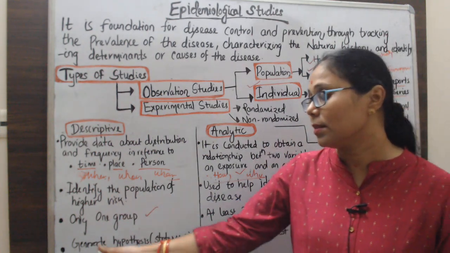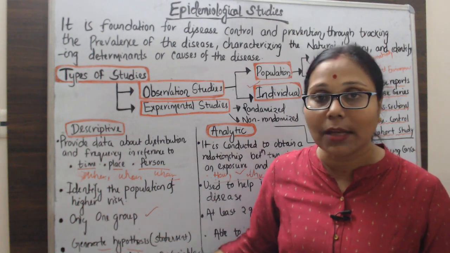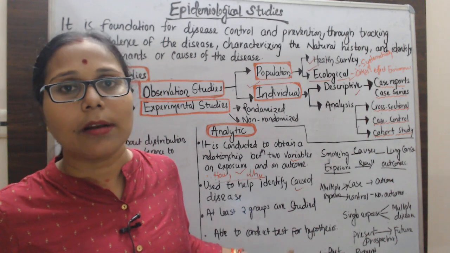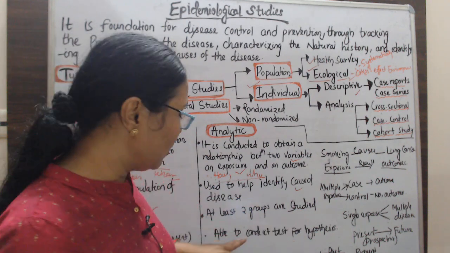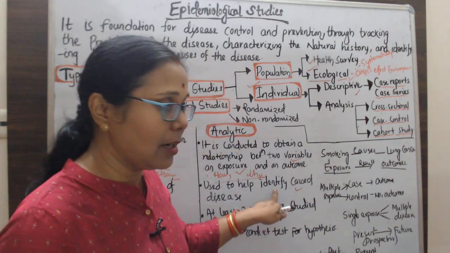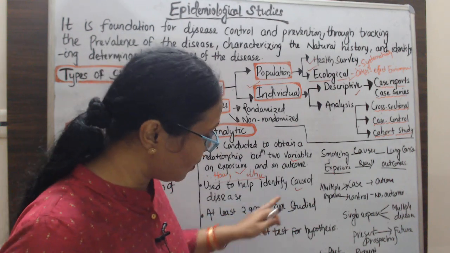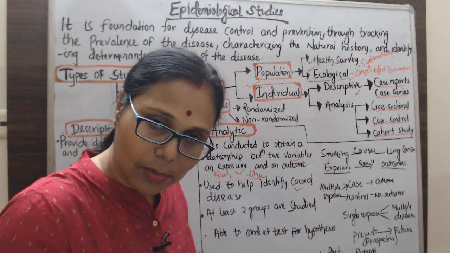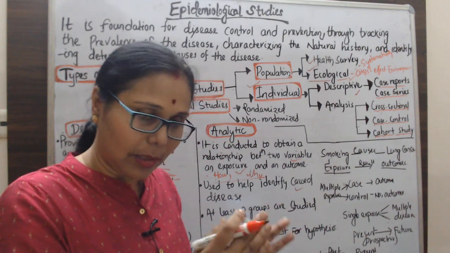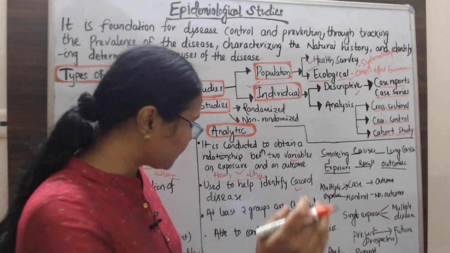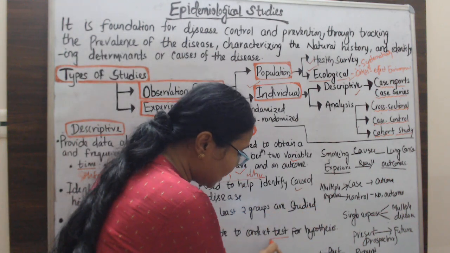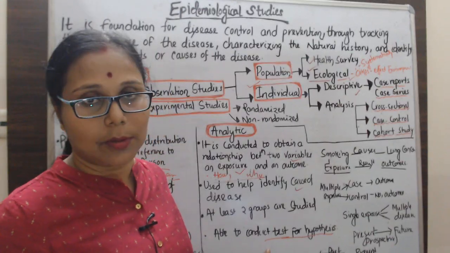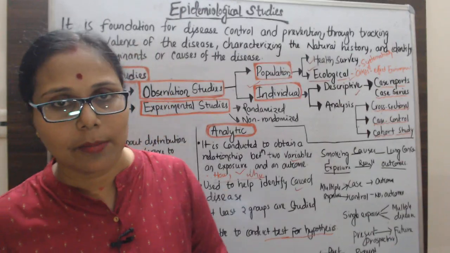So descriptive studies generate a hypothesis, but analytical studies are able to test the hypothesis. Once we identify the disease, we make two groups and analyze the exposure and outcome groups. Here we test the hypothesis, and now we conclude. So that is testing the hypothesis. This is all about the epidemiological study.